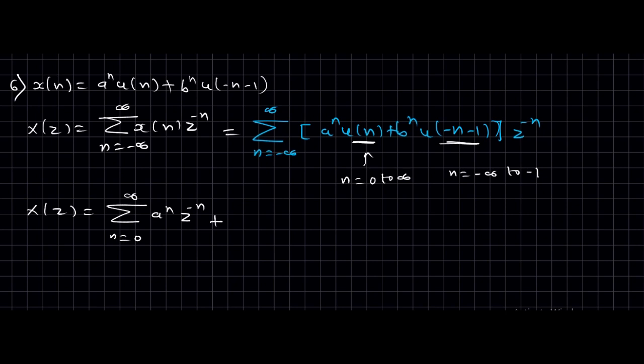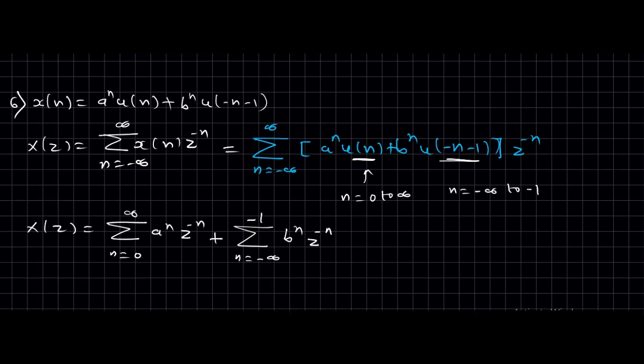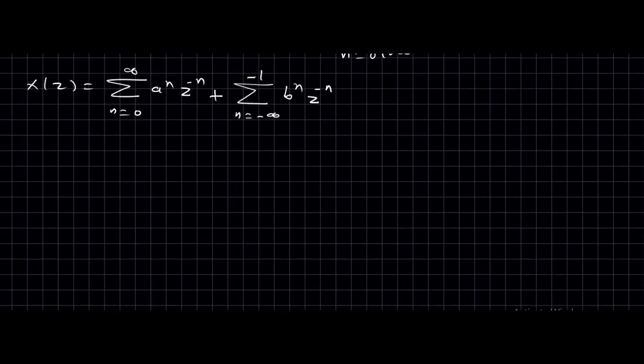We'll make it separate because the summation limits are different. So it is n equal to minus infinity to minus 1, b raised to n, z raised to minus n. This will also disappear. Now we have to modify this summation limit by substitution, and only this summation will need the substitution.